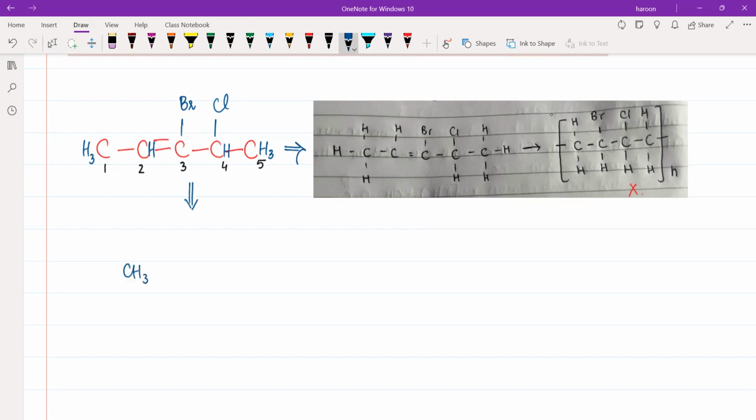It is CH3, CH, double bond C. With the C, we have one Br, and here we have CH3, CH, and CH3 and Cl.